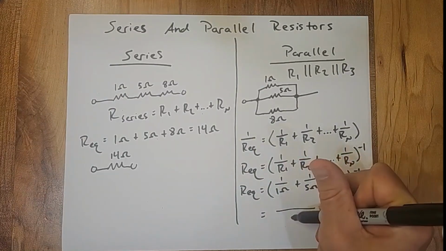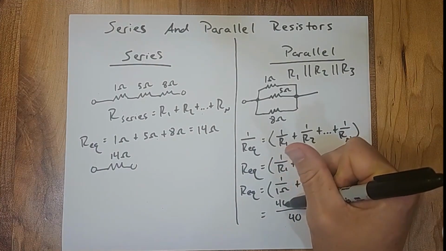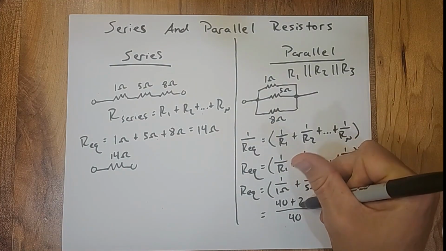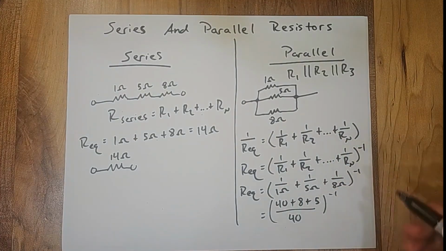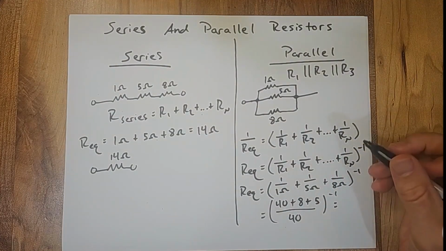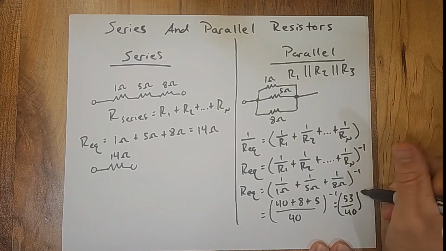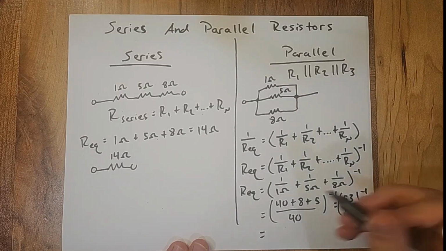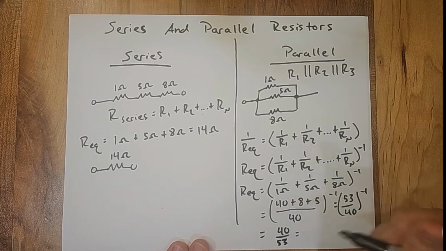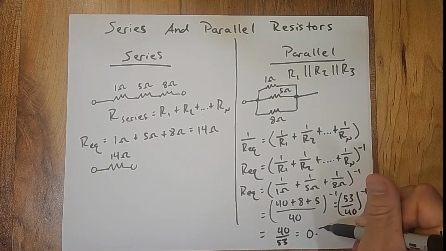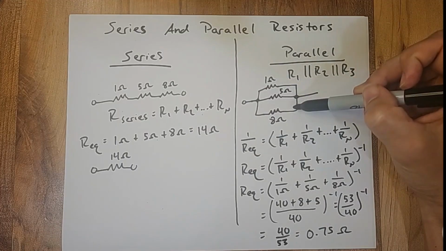So we'll write this over 40, and we'll have 40 plus 8 plus 5, to the -1, which is just 53 over 40 to the -1, which of course is just 40 over 53. Now if you like decimals, no problem. That's about 0.75 ohms of resistance from these resistors that are in parallel.